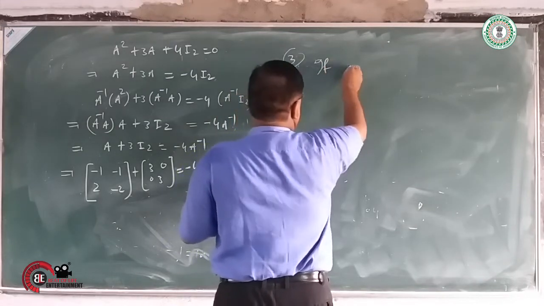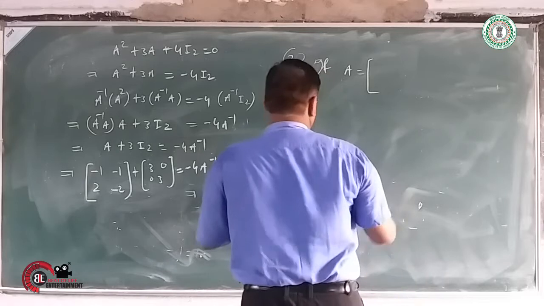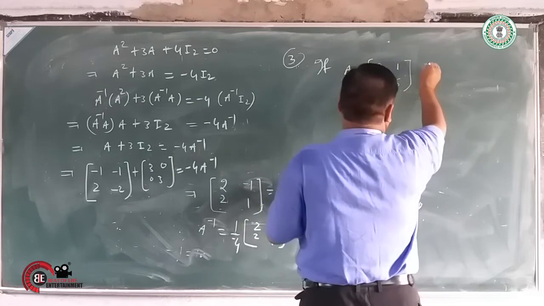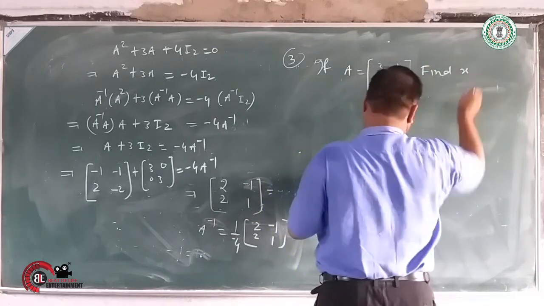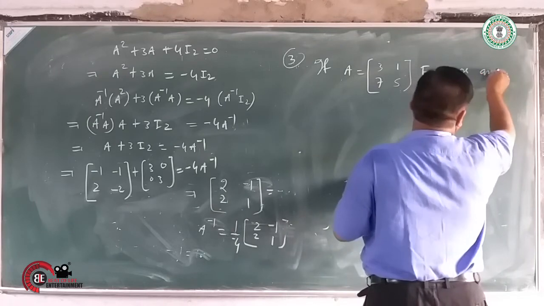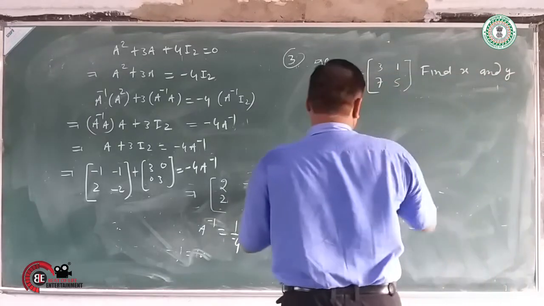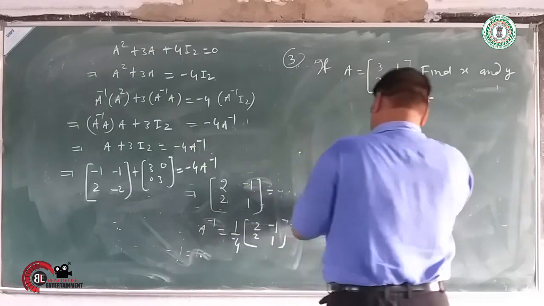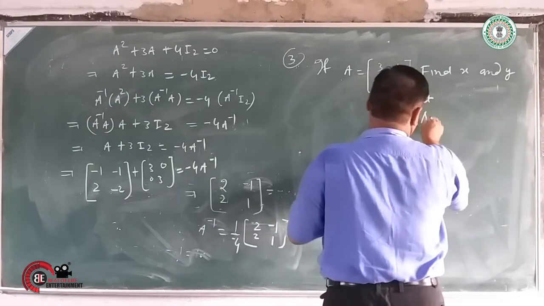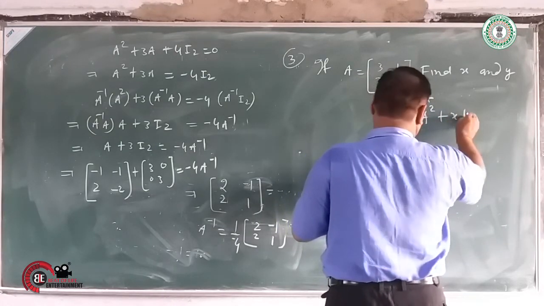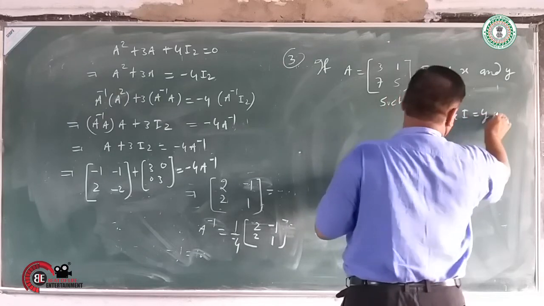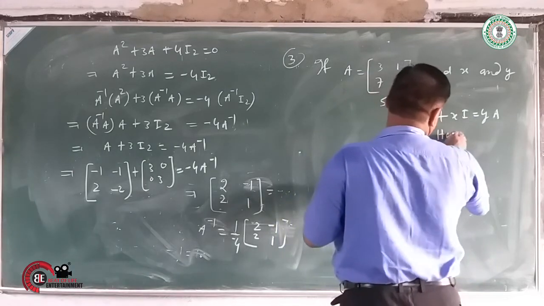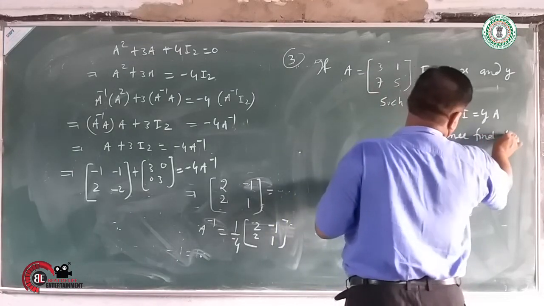If A is [3 7; 1 5], find x and y such that A square plus xI is equal to yA, hence find A inverse.